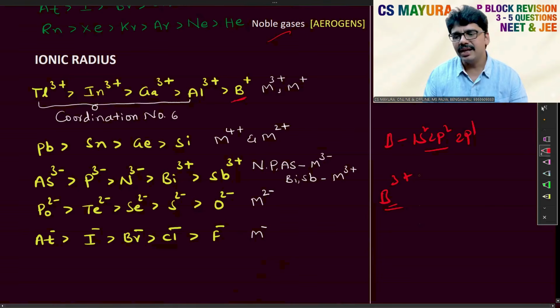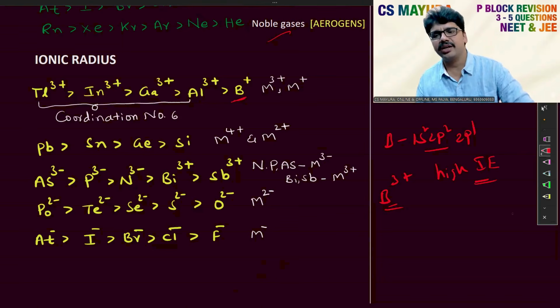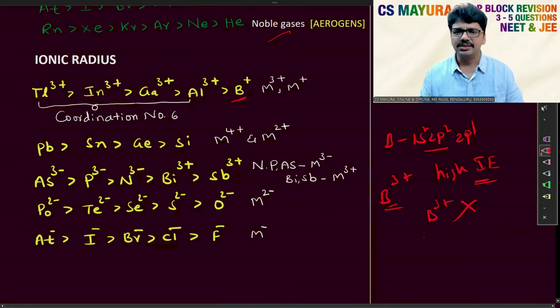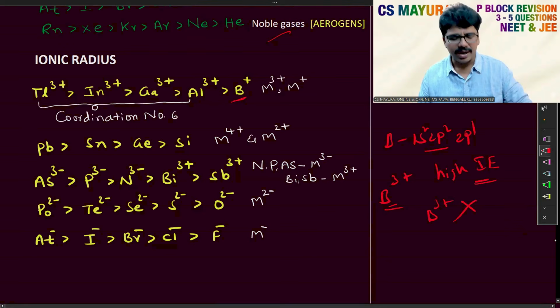For the removal of 3 electrons from boron, we need very high ionization enthalpy. Practically, it is impossible. That much amount of energy is very difficult to supply to remove 3 electrons from boron. So boron does not exist as B3+. Theoretically, we used to write B3+ like that. But practically, the B3+ ion does not exist.